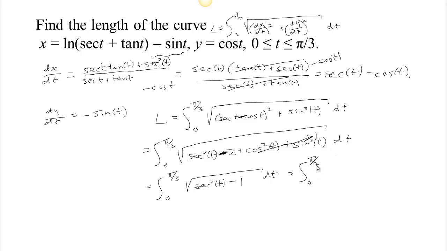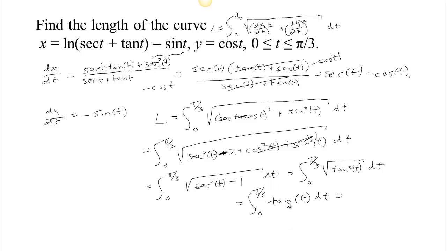So secant squared minus 1 would be tangent squared. So we have the square root of the tangent squared of t dt, which is technically the absolute value of tangent t, but since we're in this region where the angles are between 0 and pi thirds, tangent is naturally positive anyway. So we can write this as the integral of tangent t dt.